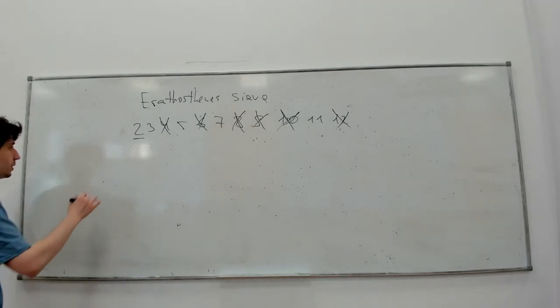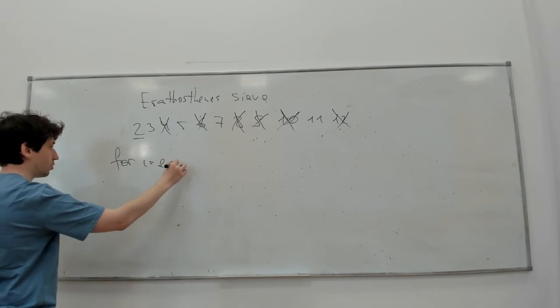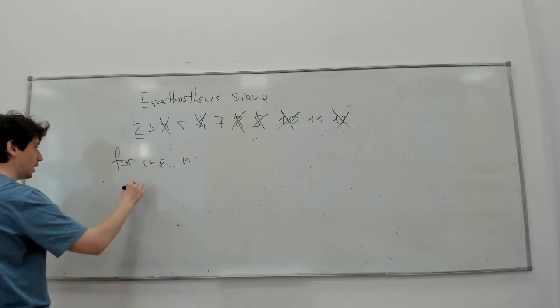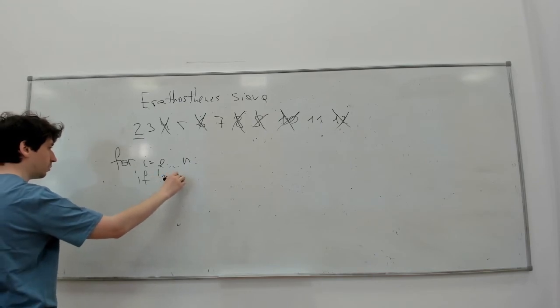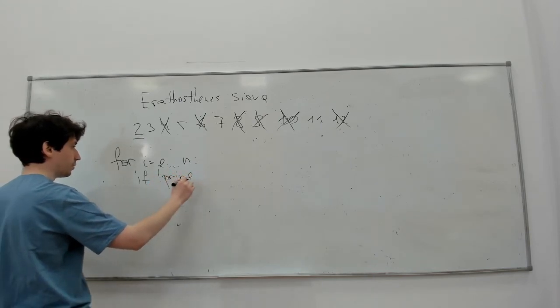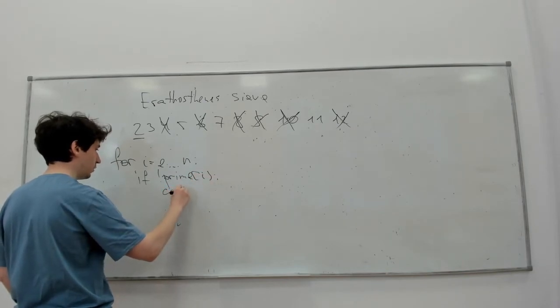The algorithm is pretty easy to write, so we go for i equals 2 to n. Then if not prime i, then continue.